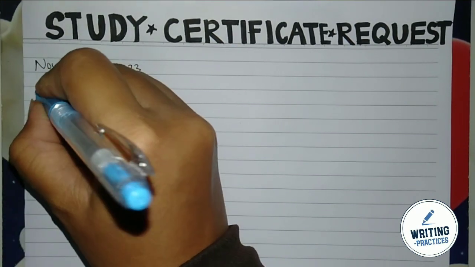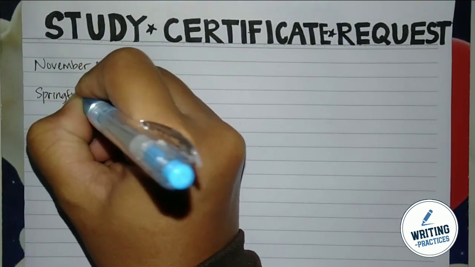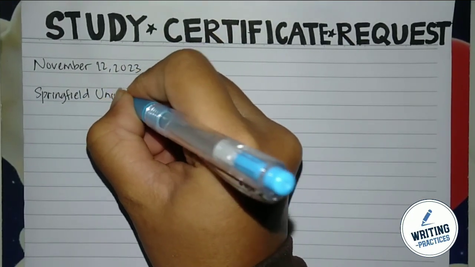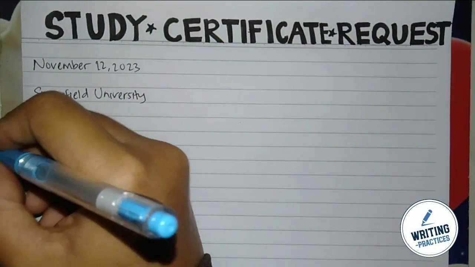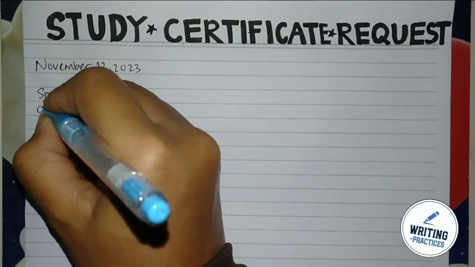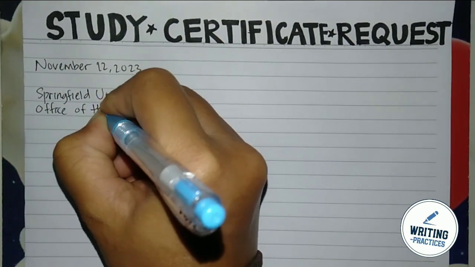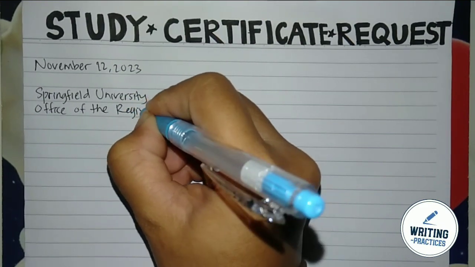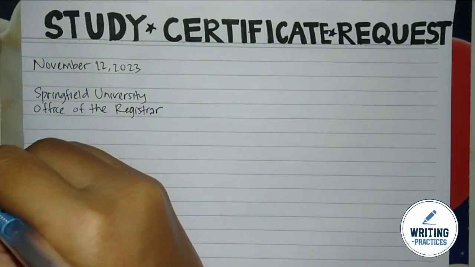This certificate or letter is issued by the institution and confirms specific details related to the individual's academic history, enrollment, or completion of a course or program of study. The request for a study certificate is often made for various purposes, including employment, further education, immigration, or documentation of academic achievements. Here, Writing Practices will show you how to write a study certificate request letter step by step.